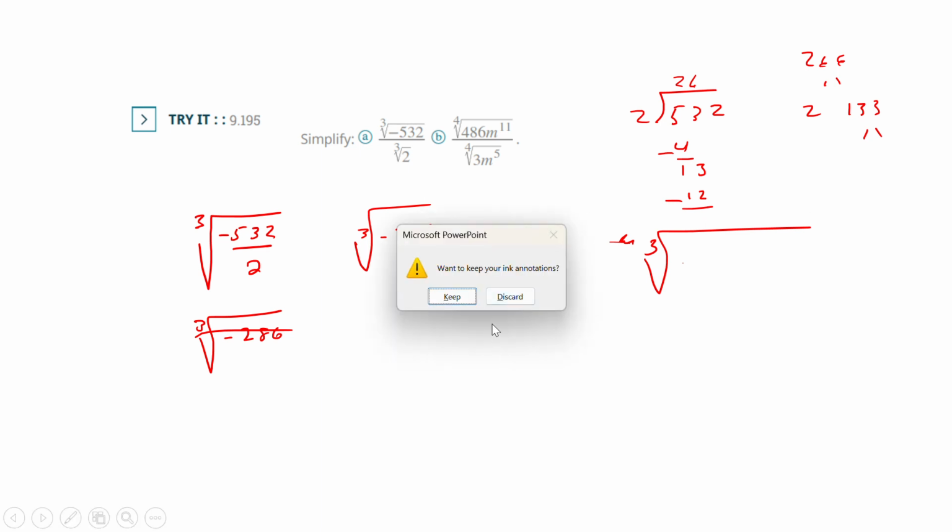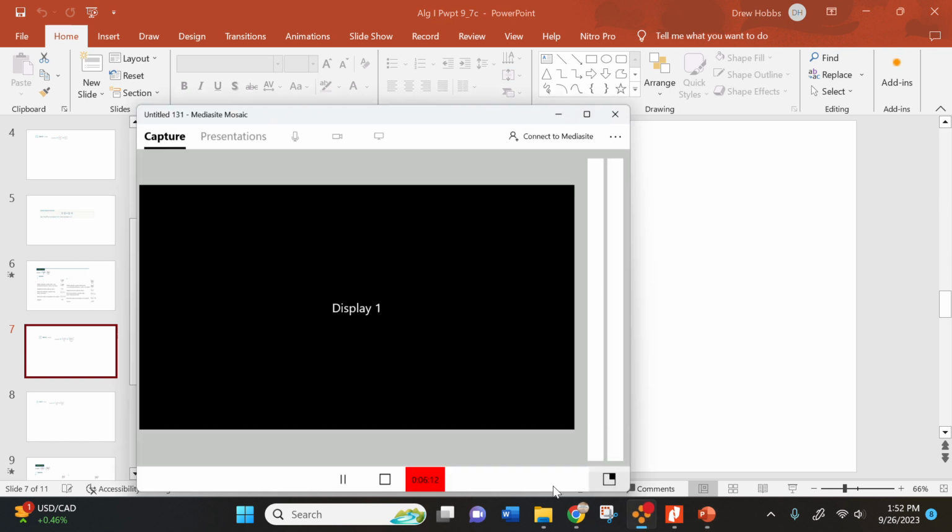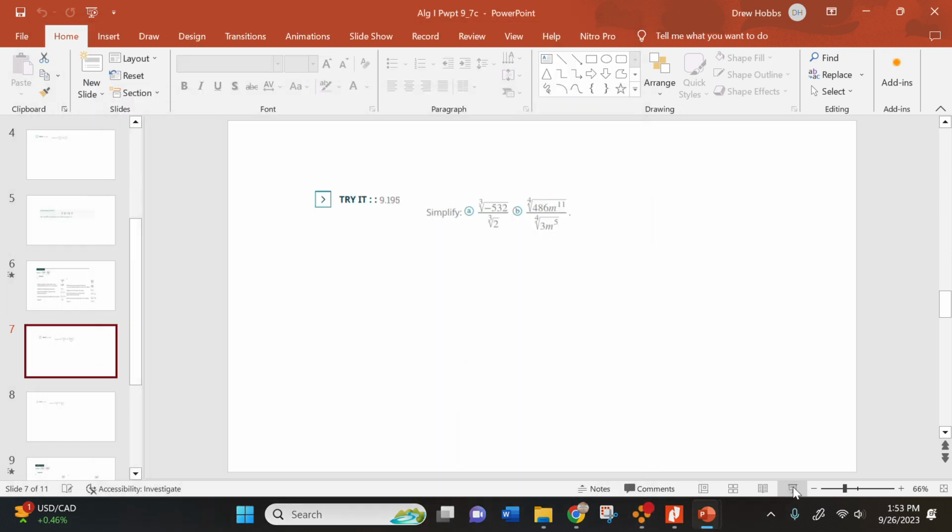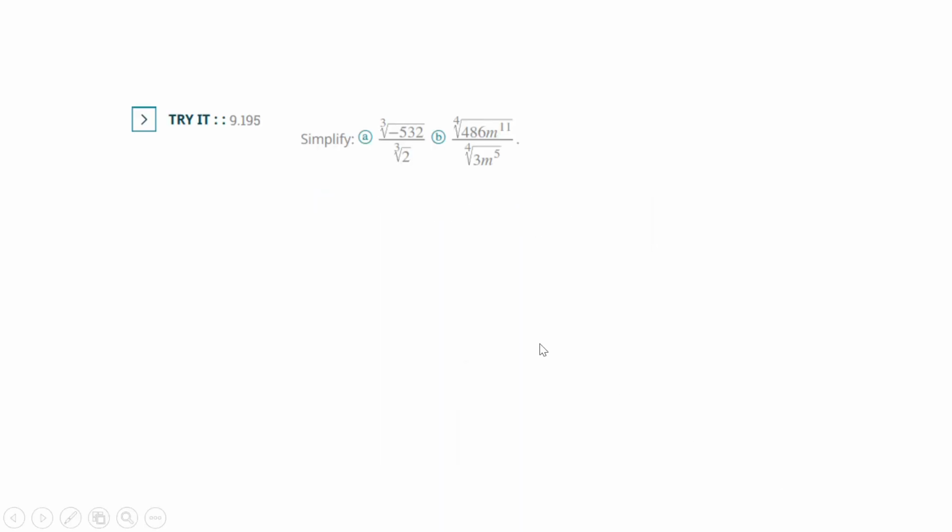I'm going to pause it and find it. Yeah, that's a strange one. I think it breaks down to negative 266, and that's as far as it goes. So I'm going to let go of that one and come over here.